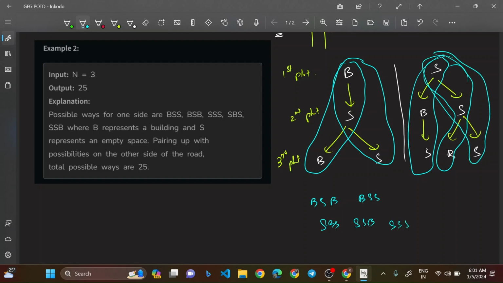So once you reach the third plot, that is the final plot, whatever combinations you get will be the final number of combinations on one side of the road. So these are all 5 combinations on one side of the road. That is what we have seen here as well, the 5 things. And now because the same thing replicates on the second side of the road, it would be 5 into 5 equal to 25. I hope you people have understood.